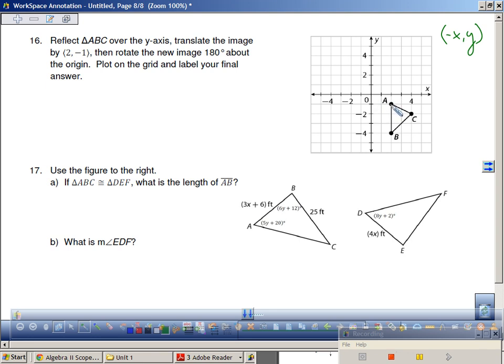So how could I go over the y-axis just by counting? Over 2, 1, 2, and then 2 more. 1, 2, there's A prime. 1, 2, 3, 4. 1, 2, 3, 4. There's C prime. 1, 2, 1, 2.